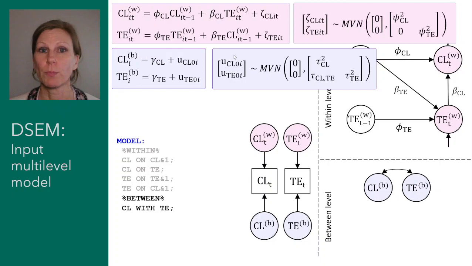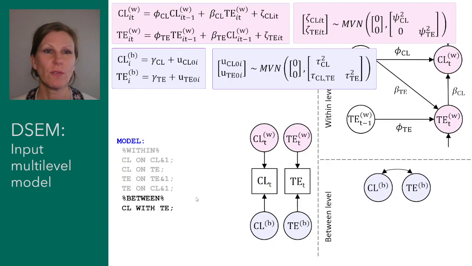And if we would represent this, then what we can say is that the residuals come from a multivariate normal distribution, again with a vector of zeros for the means. And then we have a covariance matrix here. So the two variances, the variance of this one, the variance of this one, and then their covariance, that's this two-headed arrow between the two.